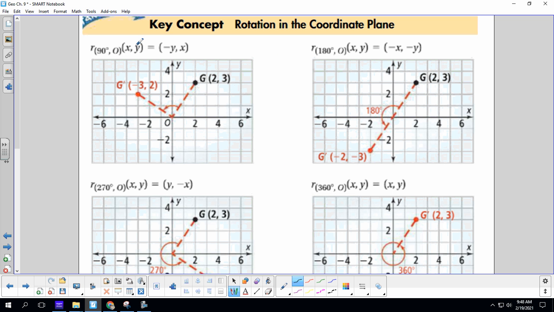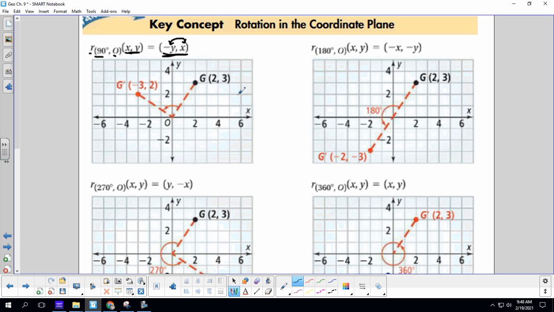Okay, so there is a little formula, yay, for rotation. So when we rotate about the origin 90 degrees, a specific coordinate, x, y, the resulting image is x and y flipped and whatever y was, we make it negative.